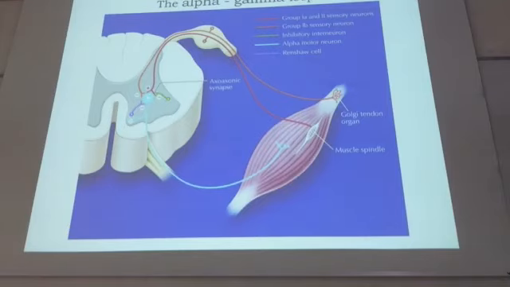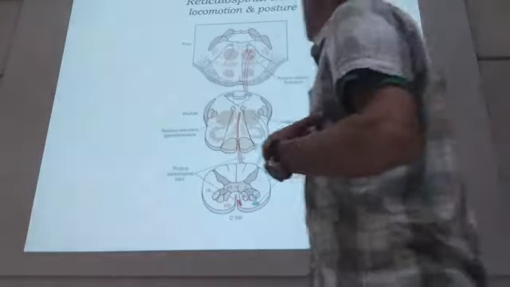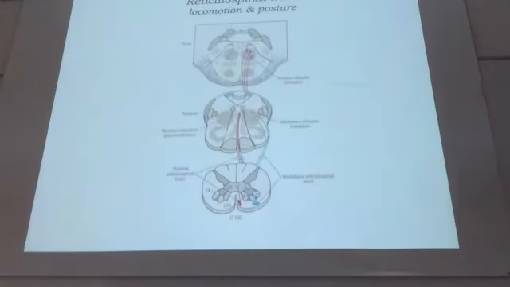Let's talk about some other motor pathways, because they are extrapyramidal. We mentioned them before, but as I told you, these tend to help with the homeostasis of our posture and movement.